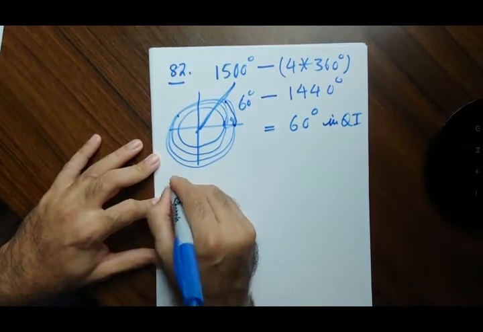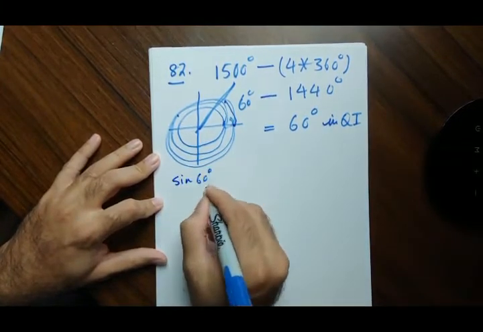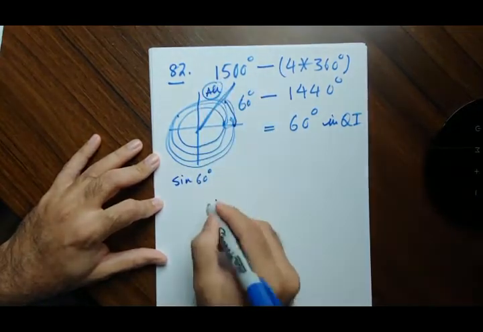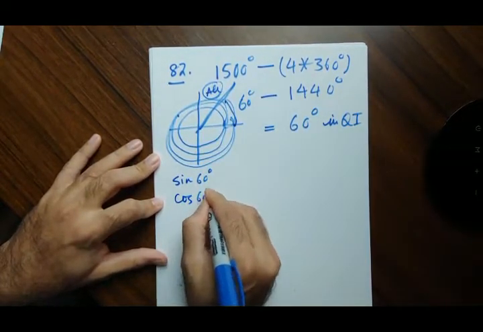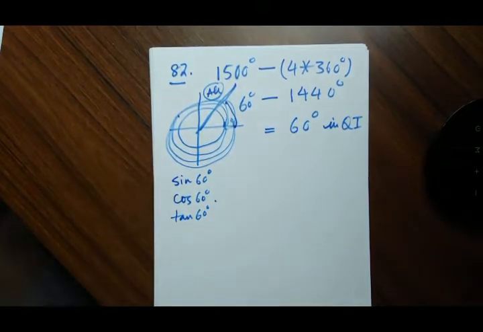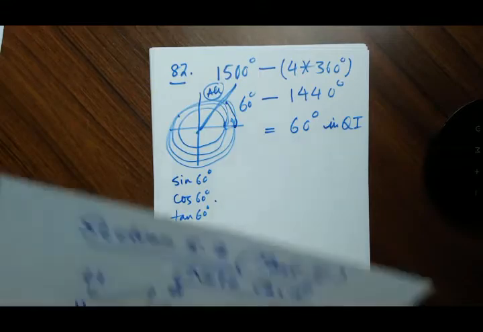So now it's just a matter of finding sine 60. And what's happening in quadrant 1? All is positive. So sine 60, cosine 60, tan 60, and you have your note card, and you know what 60 degrees is. So you can use this.